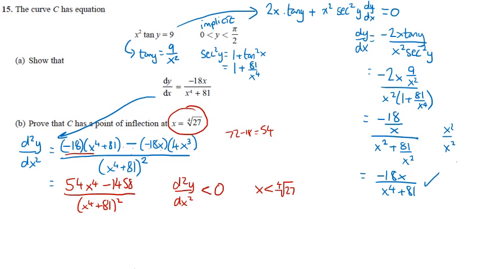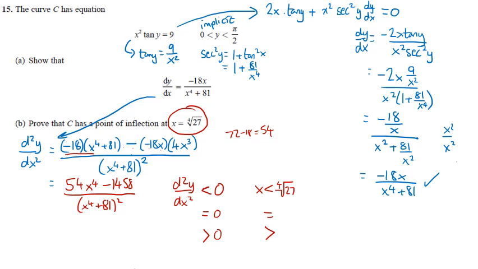So the easiest thing to do there is just calculate the fourth root of 27 on your calculator, and then just choose a number that is a bit less than that and substitute it into the formula. If it's equal to that value, then that's equal to 0, and if x is greater than the fourth root of 27, then that's greater than 0.